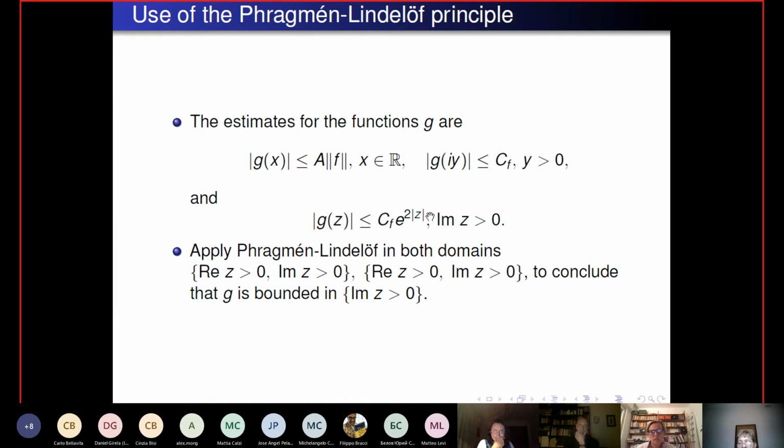That's enough for an angle of size pi half to apply Phragmén-Lindelöf, and you conclude that this is bounded. Well, if it's bounded in each of the quadrants, being analytic in the whole half plane, of course it will be bounded in the whole upper half plane.